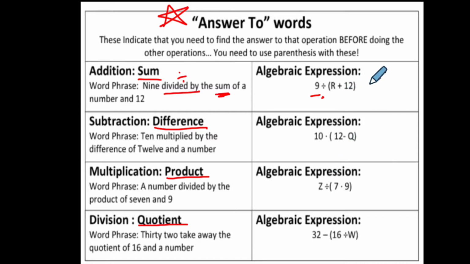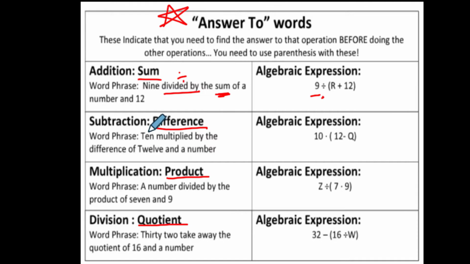They prioritized r plus 12 because you needed to go out of order from left to right based off the order of operations. Order of operations technically says you would do this division first. But by purposefully using the word sum in a sentence that had more than one operation, you need to prioritize that addition because sum technically means the answer to an addition problem.